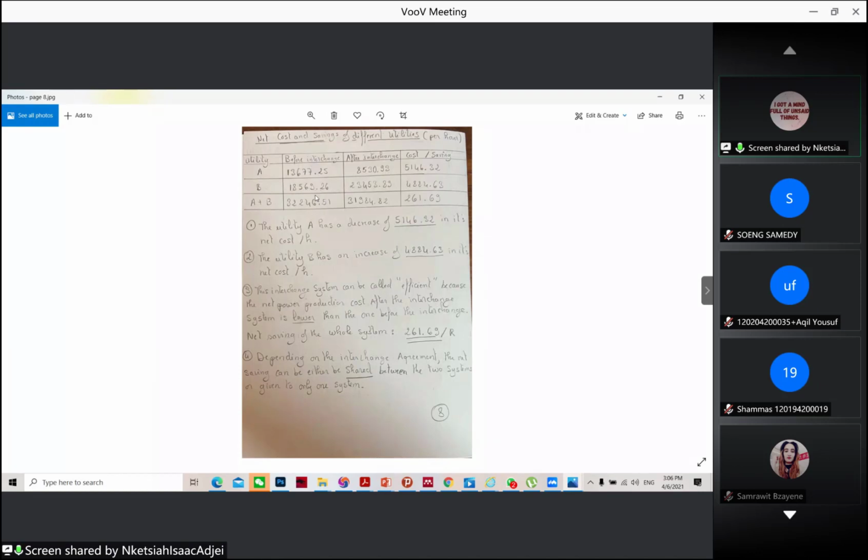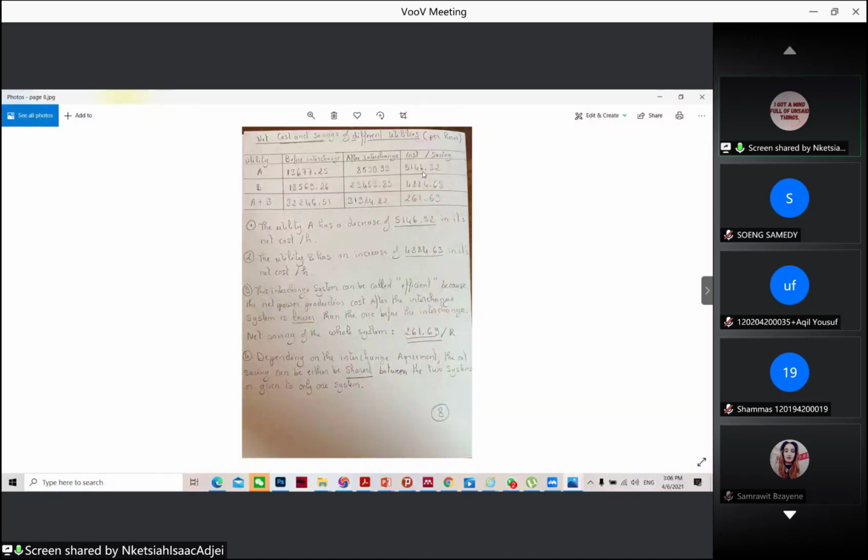Summing before gives us a total of 32,246.51. And after the interchange, we had 8,530.93 for A, and for B we had 23,453.89. Adding these two together also gives us 31,984.82.